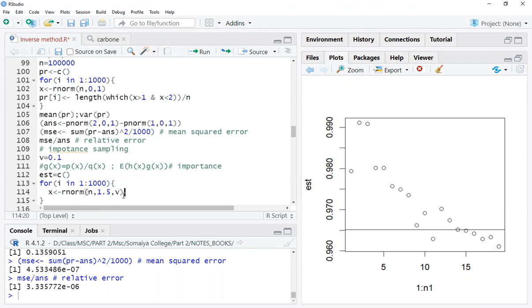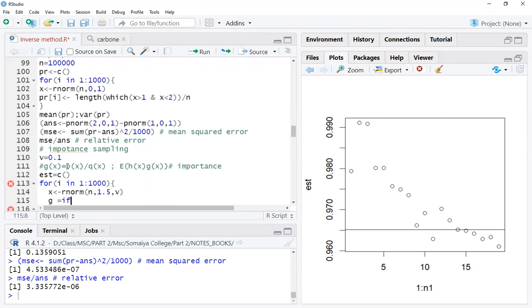And then we are defining this g. What is g now? Look at this.